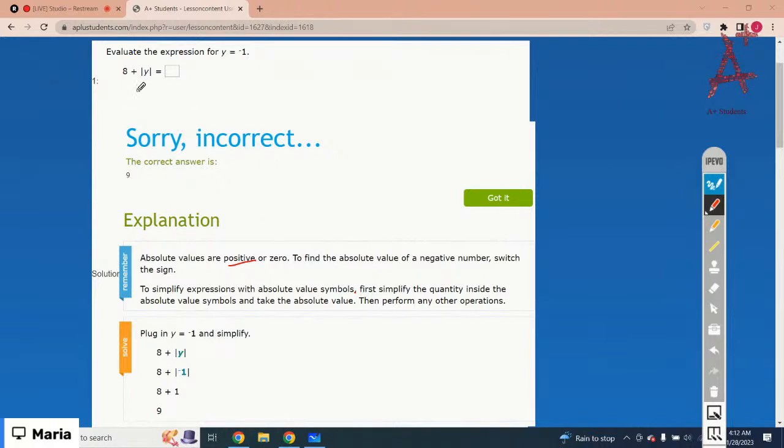So let's start with the first example. It would be 8 plus the absolute value of y. You are given the value of y equals -1, so just replace the y with -1.